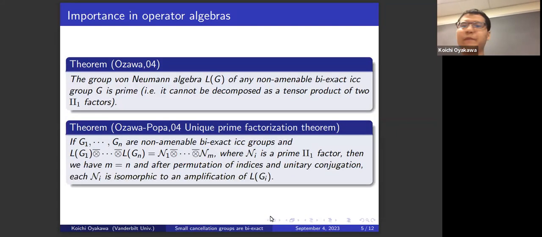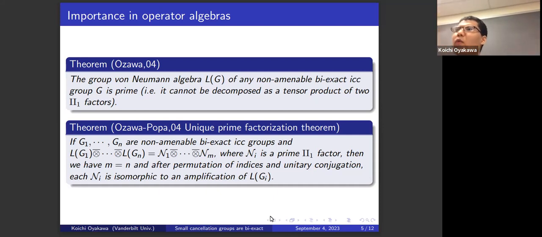And moreover, after permutation of indices and unitary conjugation of these von Neumann algebras, each of the factors coincides with the original group von Neumann algebras, and after amplification too. But I won't explain what amplification or unitary conjugation is, though it's not very difficult.